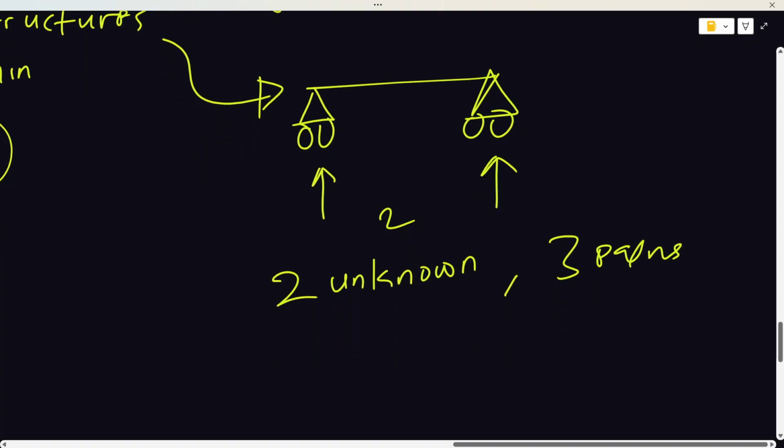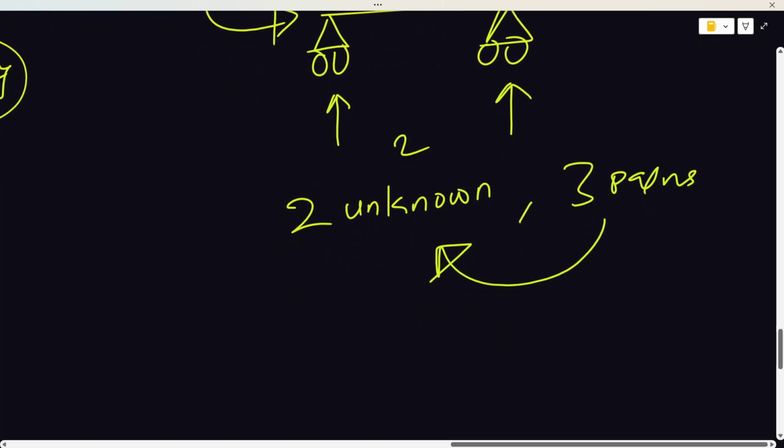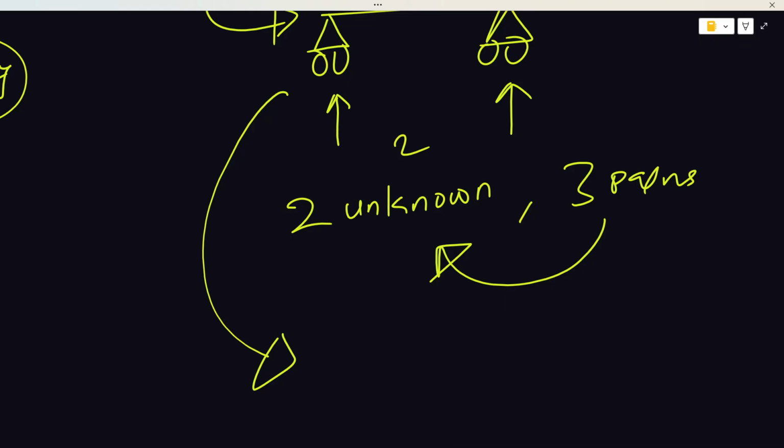Fine, equilibrium equations can work to solve this. However, we cannot use this kind of structure in our designs. We cannot use this type of structure with this condition of constraints as per the support in our designs. Why? Because it is considered an unstable structure externally. Once again, externally, because of the support conditions.